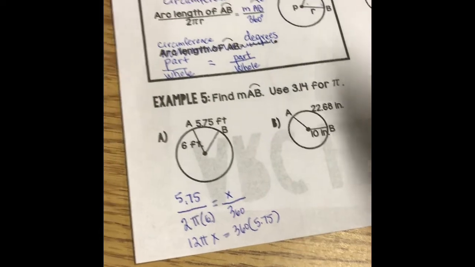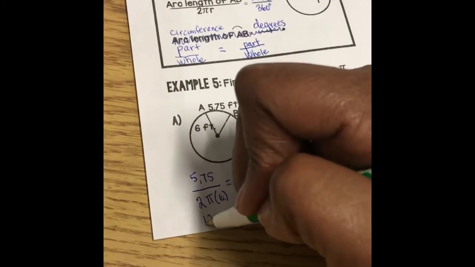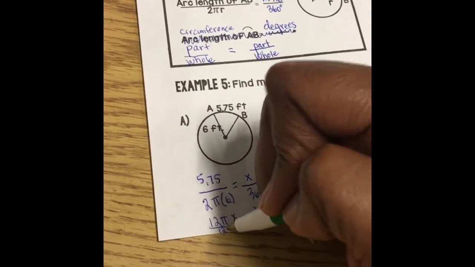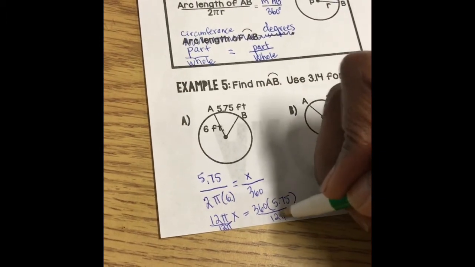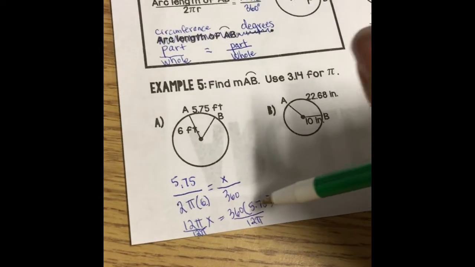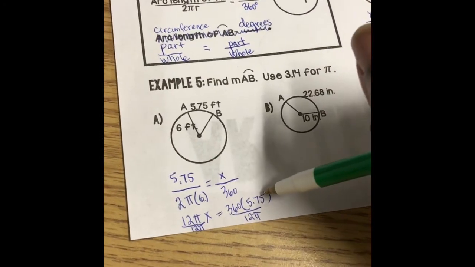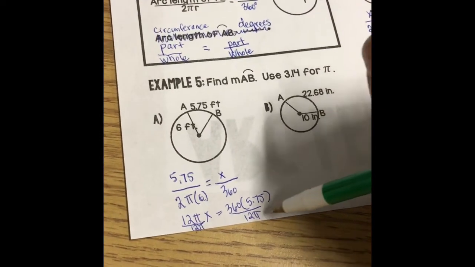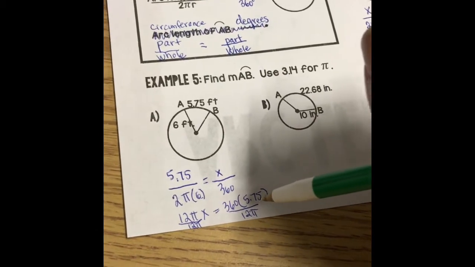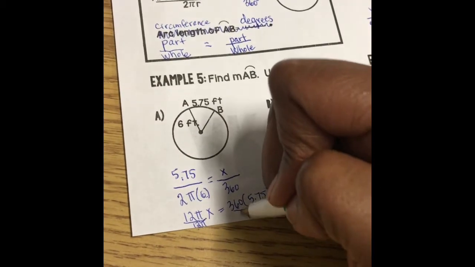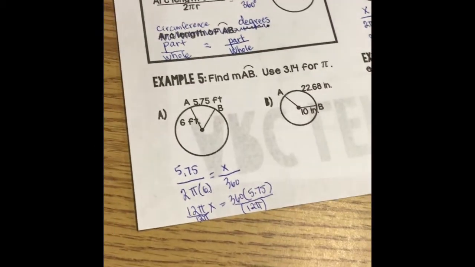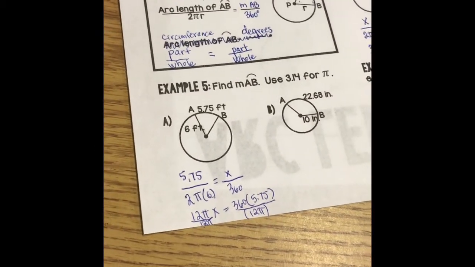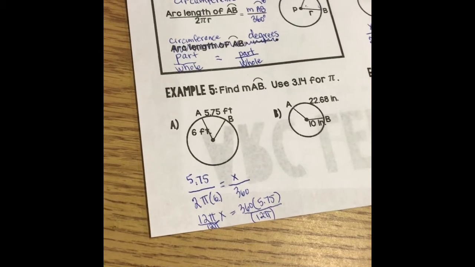Okay? Now, to solve for x, we're going to divide by 12 pi. Ooh, I'm running out of room. Divide by 12 pi. Okay? And we're going to put all this in the calculator. We say 360 times 5.75. Enter. Divided by 12 pi. Now, in your calculator, you may need to put this in parentheses like that because it may not give you the correct answer if you don't, because of order of operations.